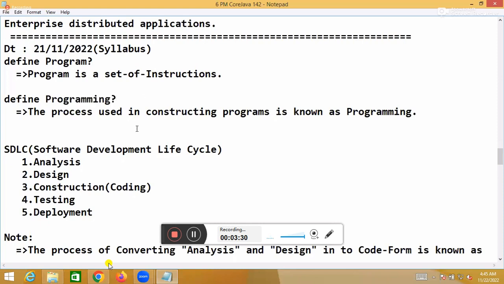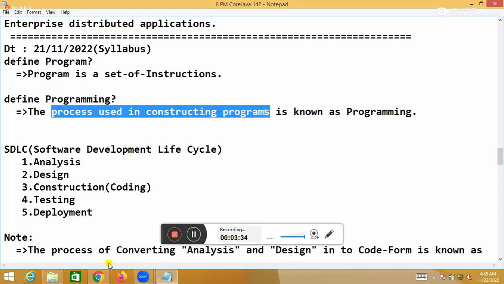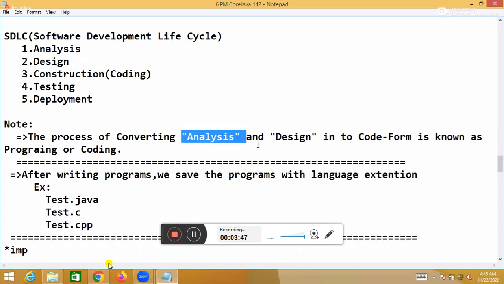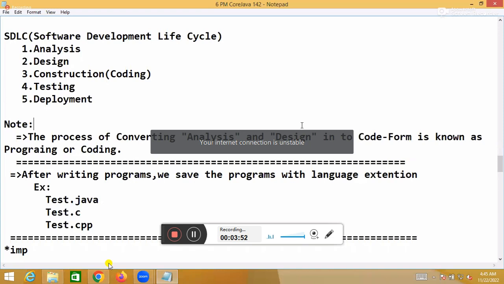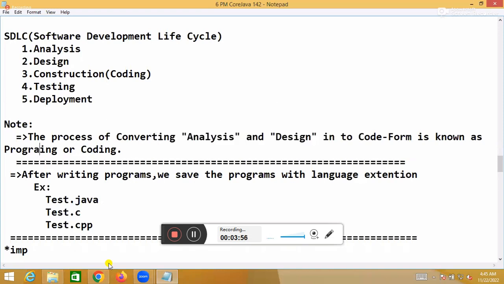If anybody asks, you must say it is the process used in constructing programs. Note now, the process of converting analysis and design into code form is known as programming, or you can say coding.